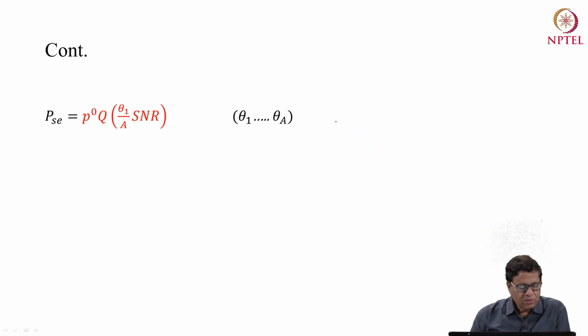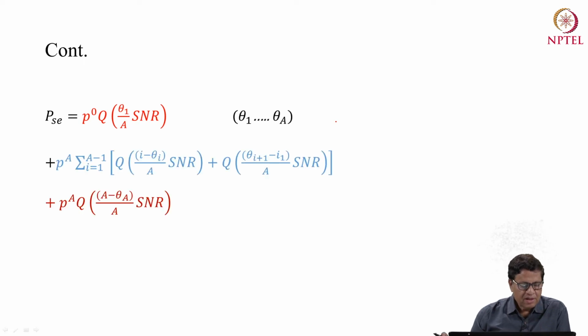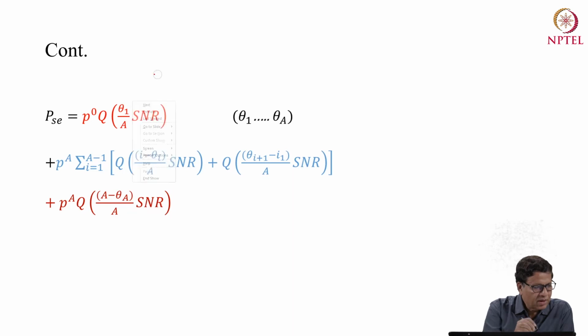So now let us try to calculate the slot error probability for DAPPM. So this is the expression for slot error probability. As you notice, there are 3 expressions. Now let us see how you basically decode the signal. So the received signal, for example, is say RK.